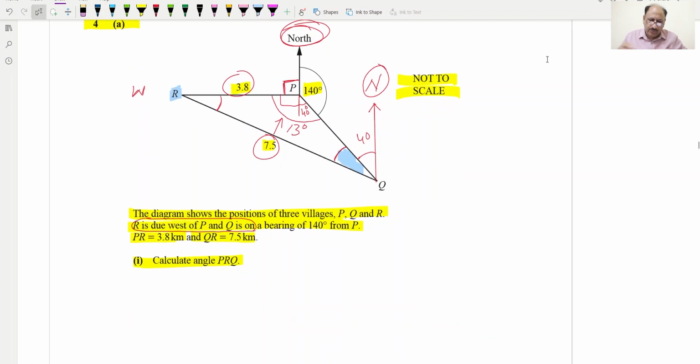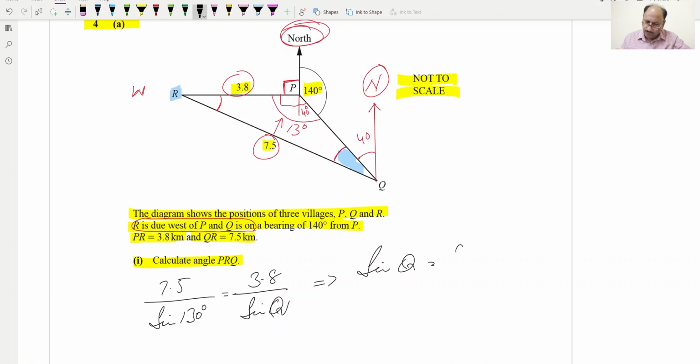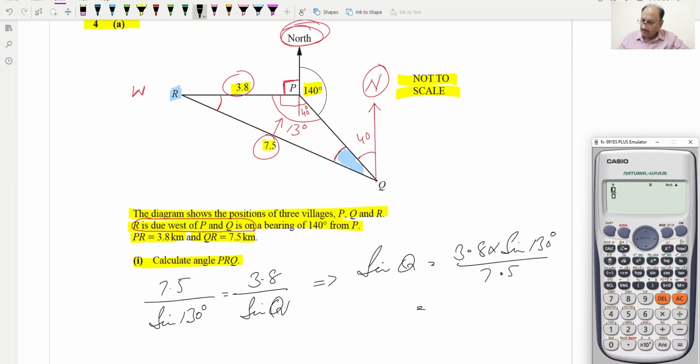So we will apply the sine rule. We have this length RQ, so 7.5 over sine of 130 degrees is equal to 3.8 over sine of angle Q. This implies sine Q is equal to 3.8 times sine of 130 degrees divided by 7.5.